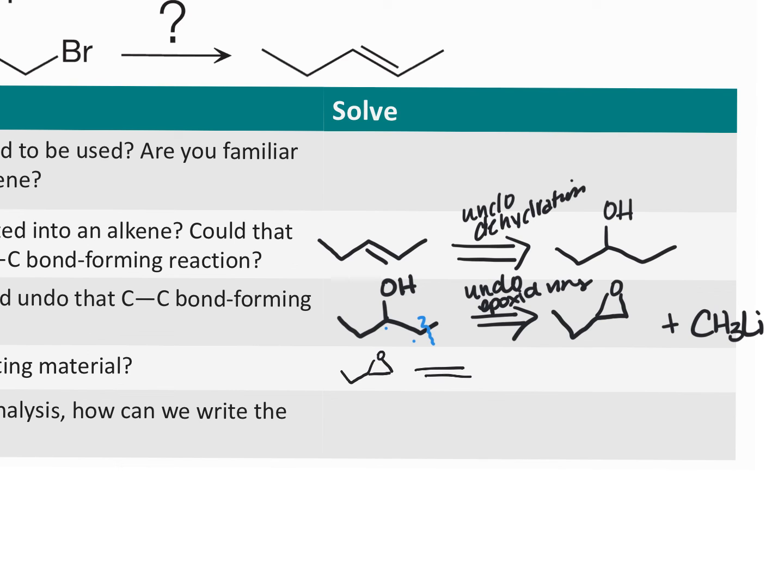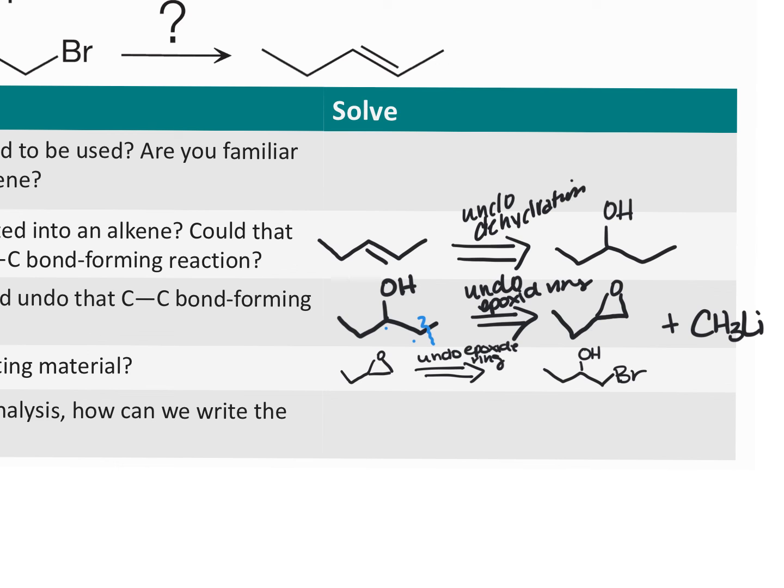And so what would we do to undo that epoxide ring formation? To undo the epoxide ring formation, we would need a halohydrin. So it would look something along the lines of that, which is our new starting material.